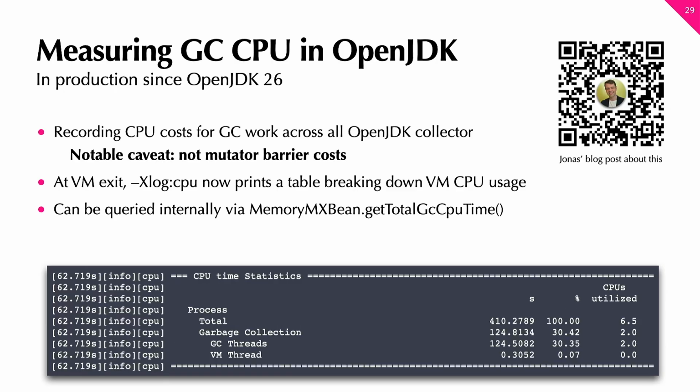So you will see exactly what was the cost of GC threads, and also in the serial collector, where you're just reusing the main thread, that's going to be correctly accounted as well. So you can get a very nice breakdown of the GC CPU costs with some telemetry that is now in OpenJDK. ISMM'26. Jonas has a nice blog post about this if you want to go look at it.